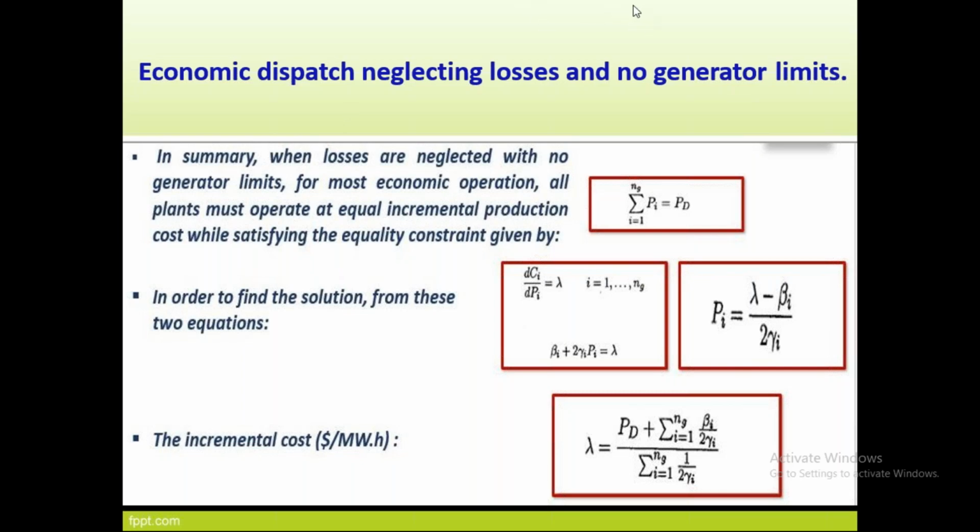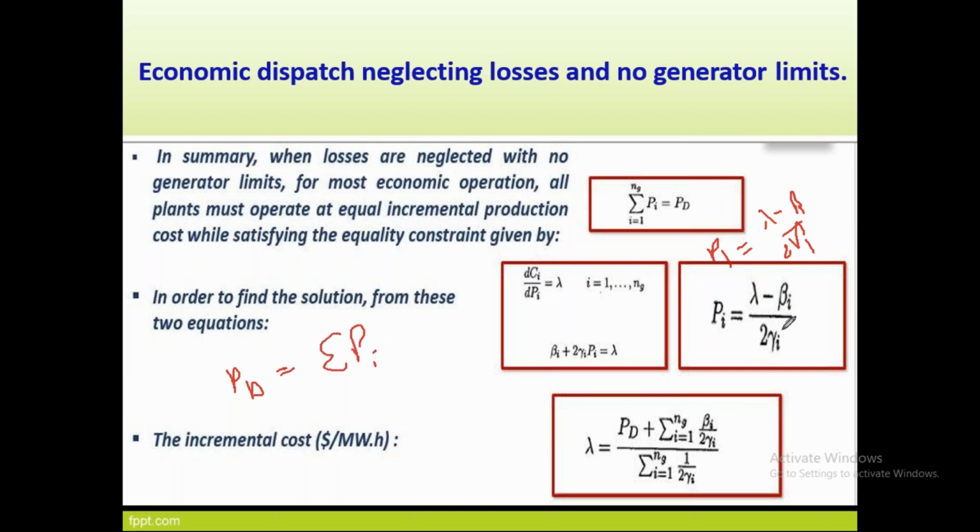See here, this is the equation for PI. If it is plant unit 1, you will write P1 is equal to lambda minus beta 1 divided by 2 gamma 1. Similarly for P2, for P3 and so on. Finally I can write PD is equal to summation of PI, right?